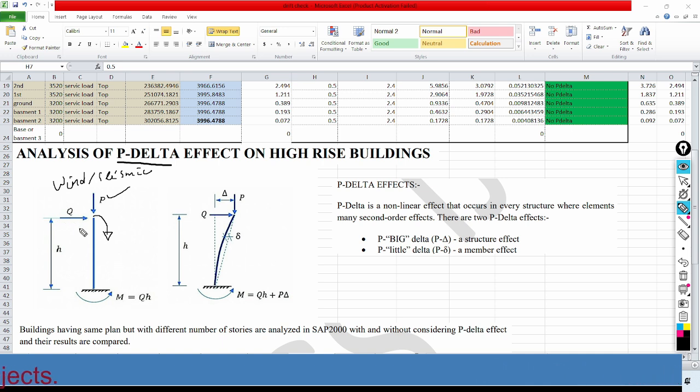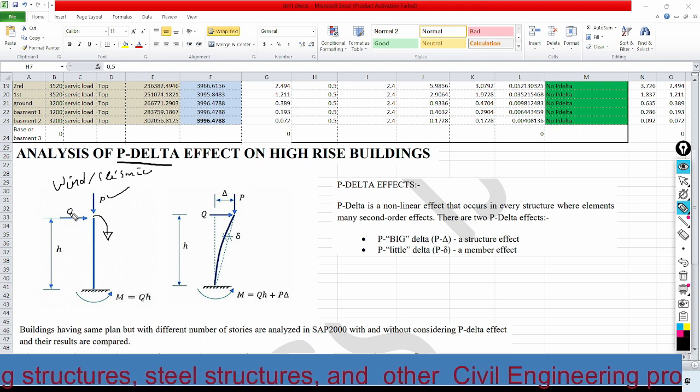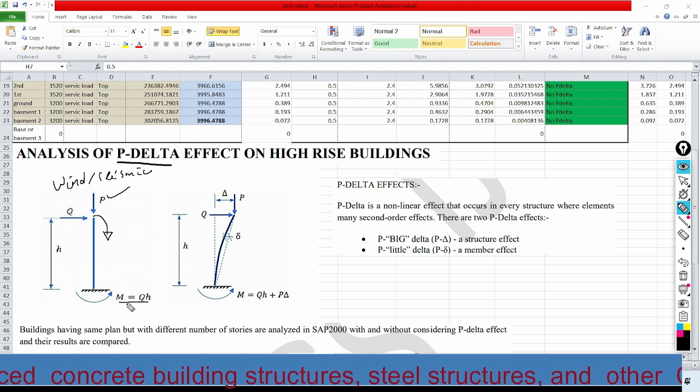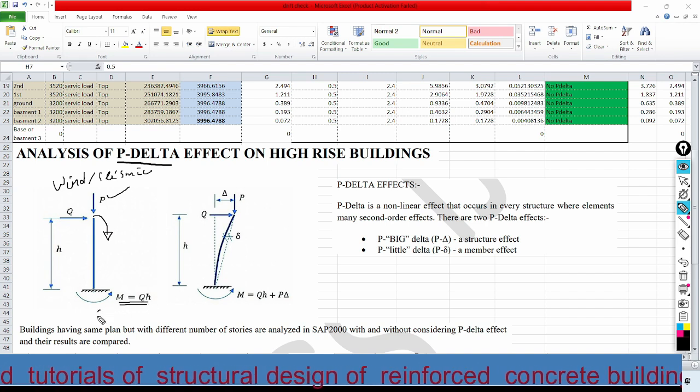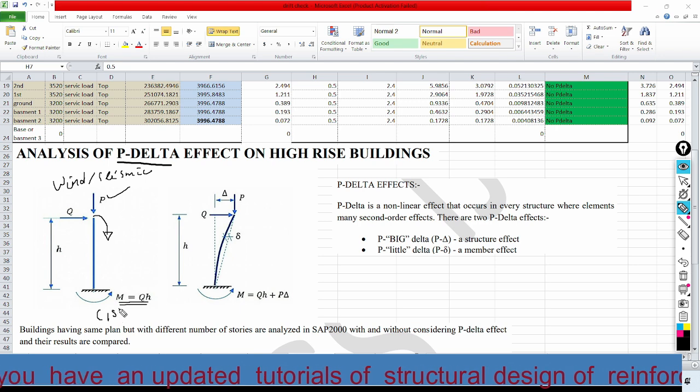This moment equals the lateral force Q multiplied by the height H, that is Q times H, which is equal to the resisting moment. This is what we call the first order moment.